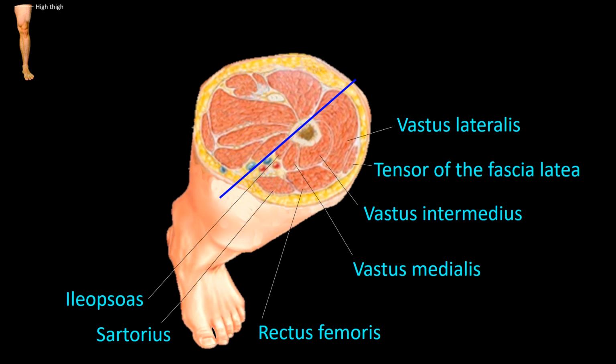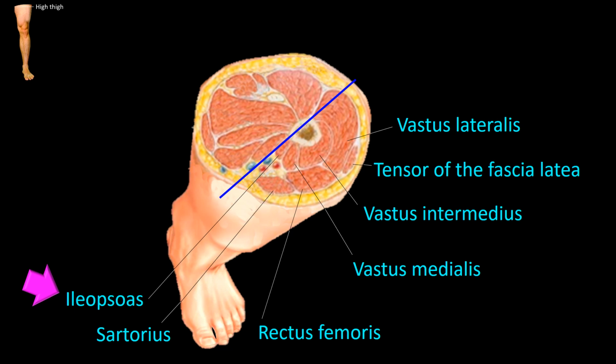The muscles in the anterior compartment are the vastus lateralis, intermedius, and medialis, the rectus femoris, the sartorius, and the iliopsoas. These muscles are innervated by the femoral nerve.